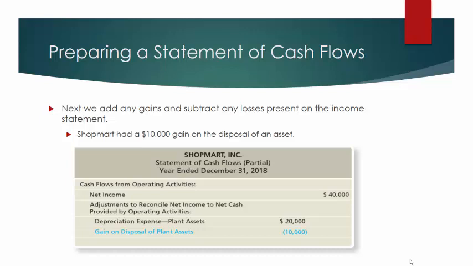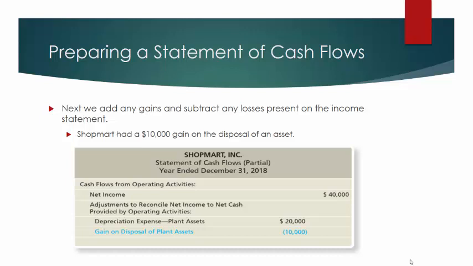So gains and losses that you recognize during the period have an effect on net income, which does not also affect your cash account. And to account for that, you need to reverse it out, to do the opposite. If we had a gain on disposal of plant assets, as ShopMart did here, of $10,000, that would have increased their net income by $10,000, but it would have not increased their cash balance by an additional $10,000.